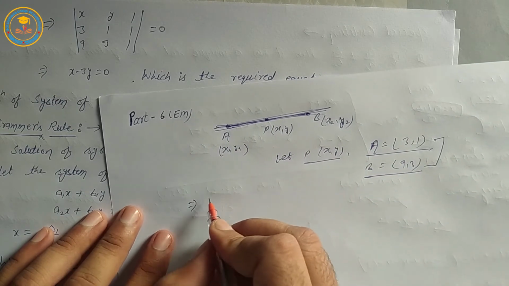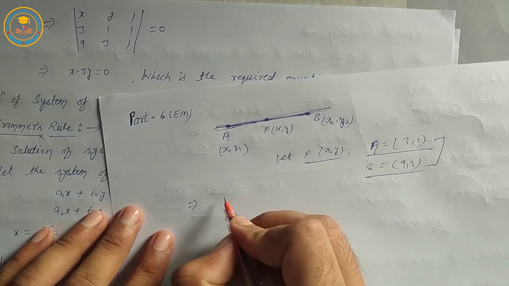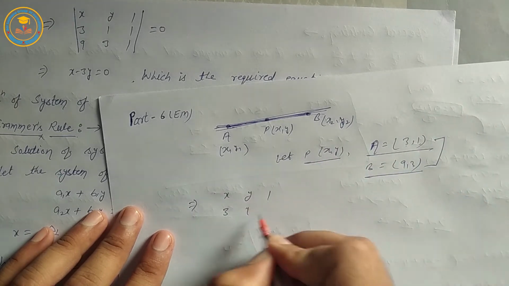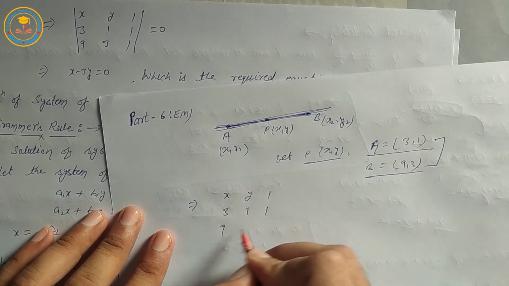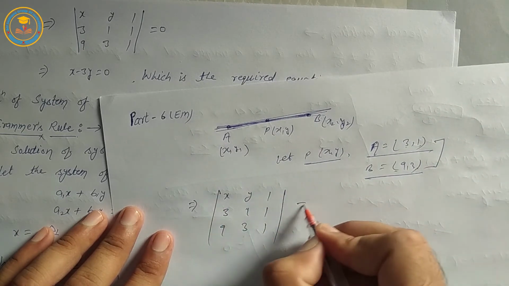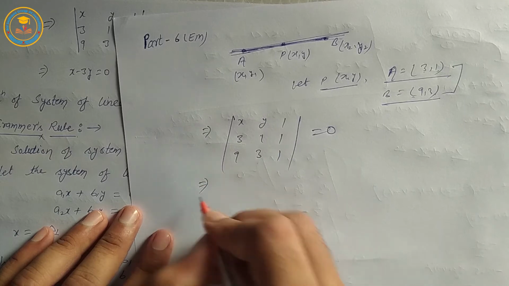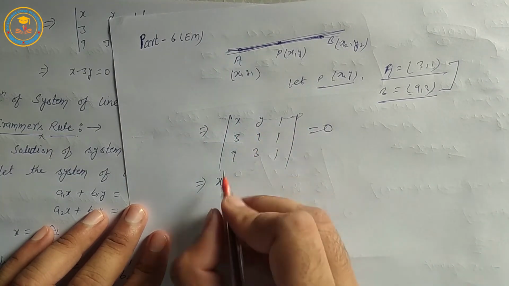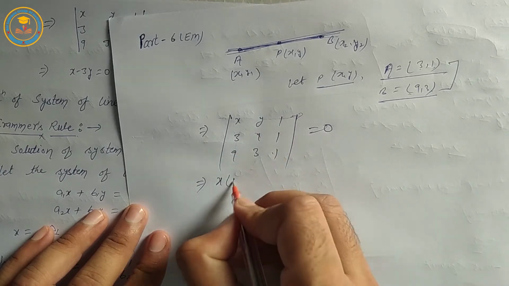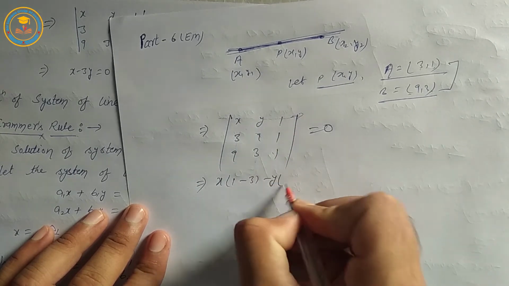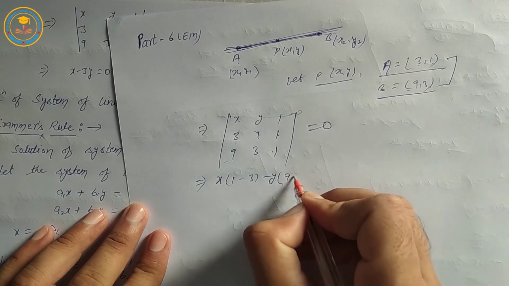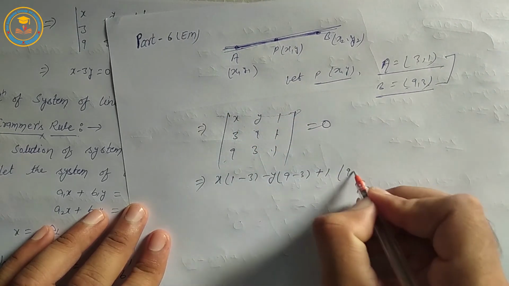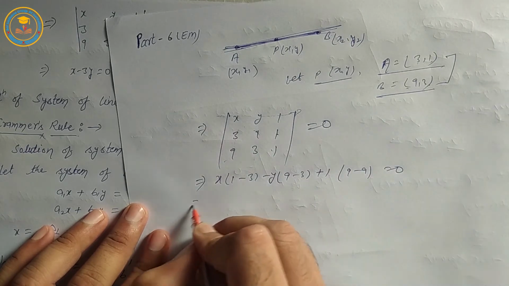Using the formula, the determinant with rows x y 1, 3 1 1, 9 3 1 is equal to 0. On expanding along row 1: x(1 minus 3) minus y(3 minus 9) plus 1(9 minus 9) is equal to 0.